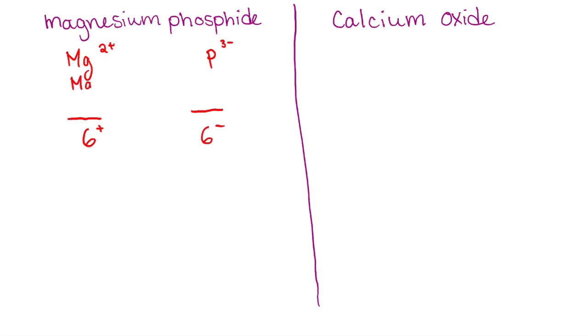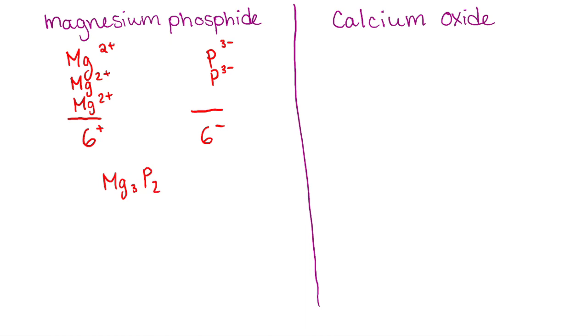So we need 3 of these. So Mg2+, that would be a 4+ charge. Mg2+ again would give us overall 6. So we have 3 of them. Phosphorus is already 3-, so we need another 3. So overall, that is a 6- charge. So this means that we have Mg3 for 3 of them, P2.